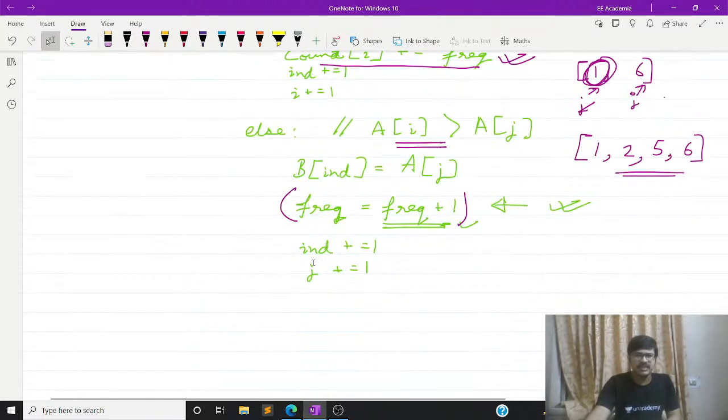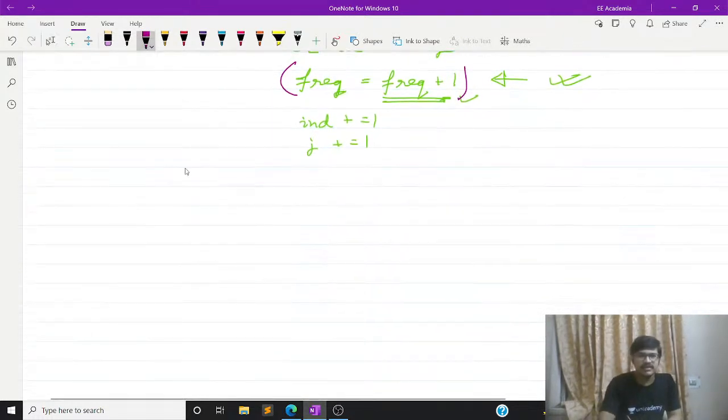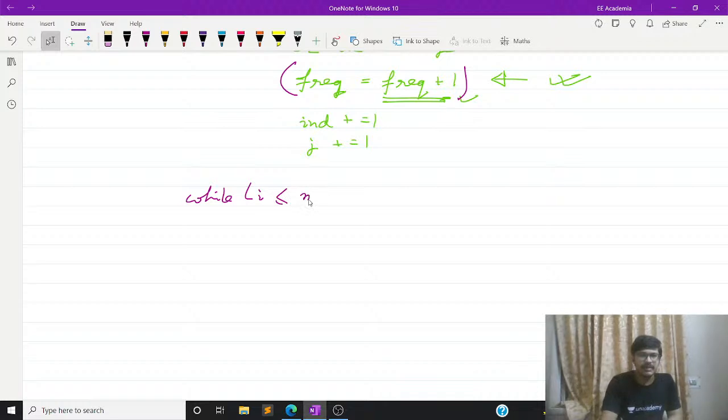And after this simple merge procedure, if there are some elements remaining from this array, what do you do? Just put them into this array, and also you have to increment the count, right?